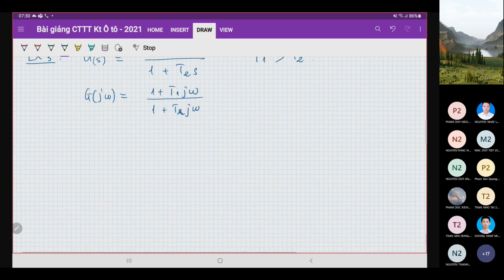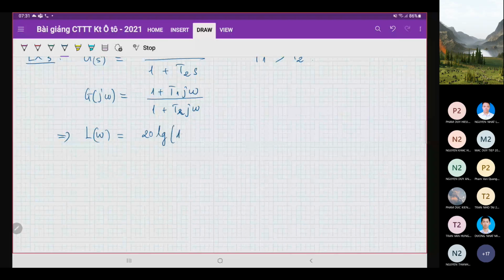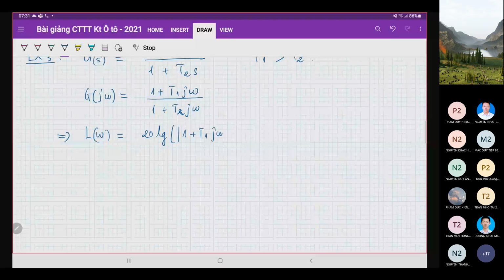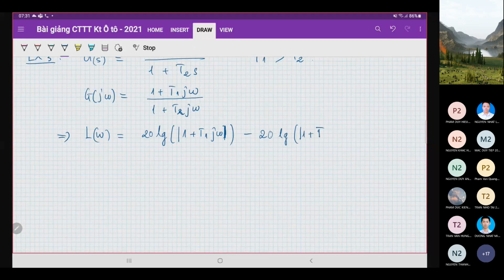Okay, that means we have L(omega) equal to 20 log of the modulus of 1 plus T1 j omega, minus 20 log of the modulus of 1 plus T2 j omega, correct?